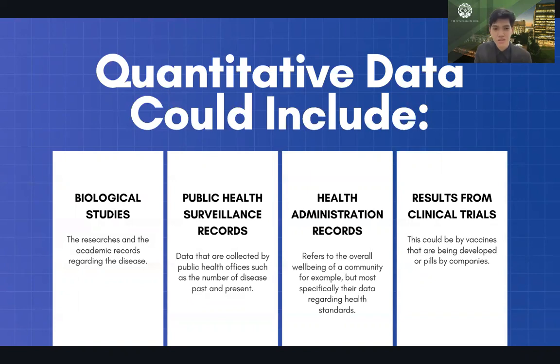These are data collected by public health offices, such as the number of disease cases, past and present. Thirdly are the health administration records. This refers to the overall well-being of a community, specifically their data regarding their health standards. Fourth are the results from clinical trials. This could be vaccines being developed by companies such as Pfizer and Moderna, in the COVID-19 context. This also includes not just the vaccines, but also the pills being developed by health companies.